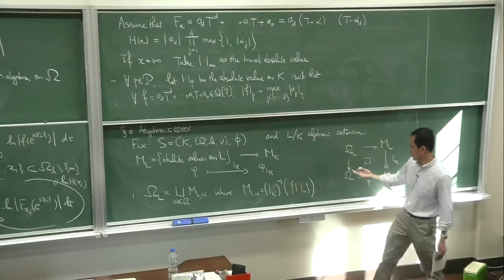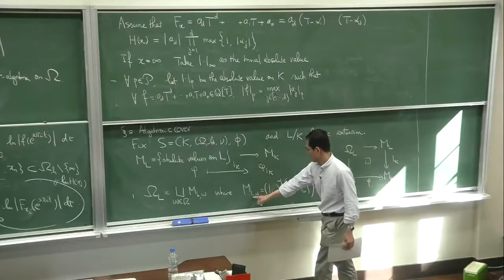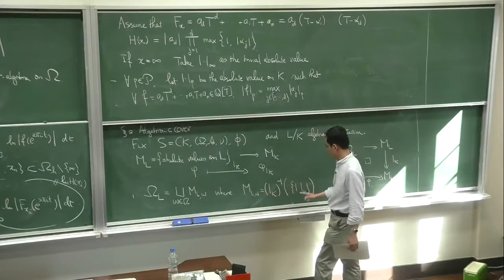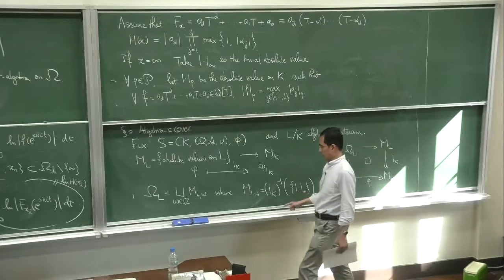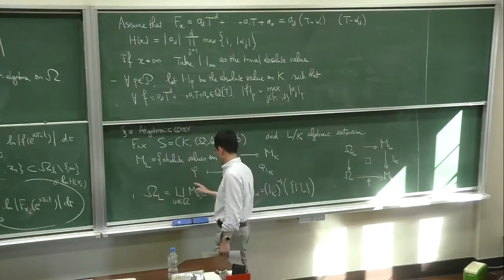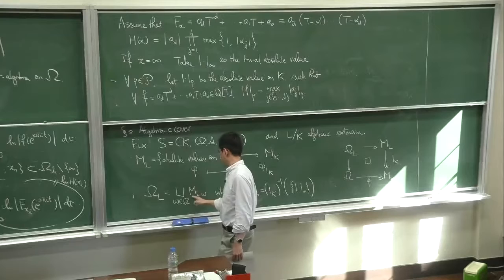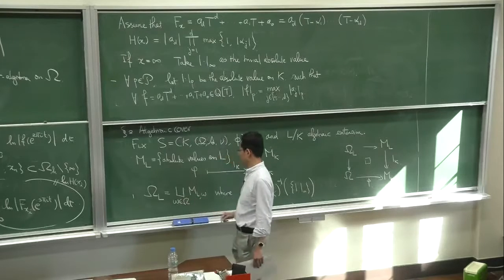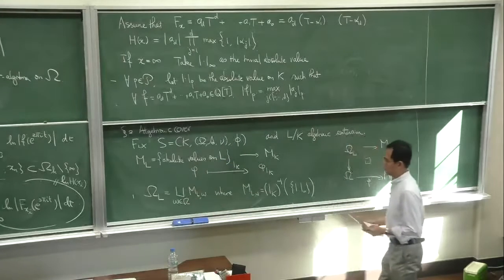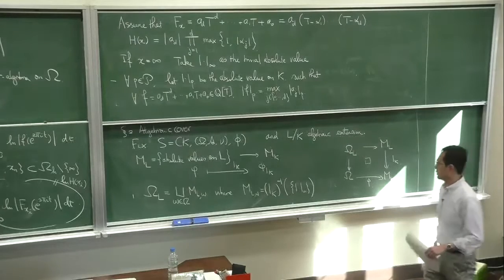So you consider all absolute values on L with restriction on K equal to this absolute value, and you put all such sets in the disjoint union. That will give you omega_L.